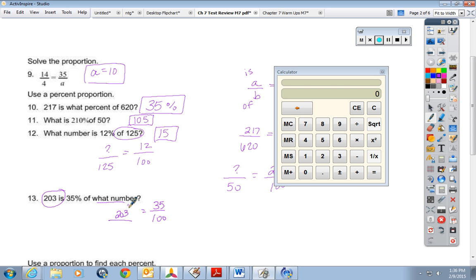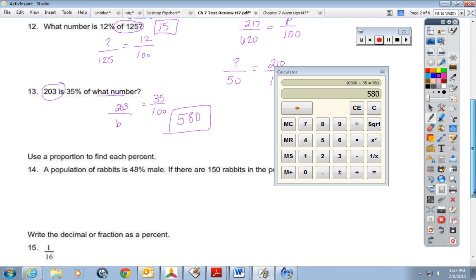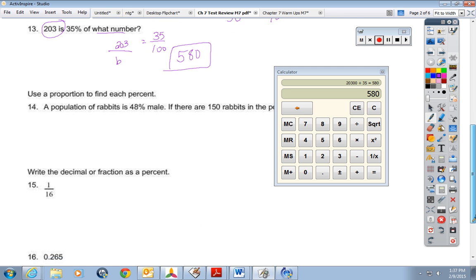So cross multiply 203 times 100, and we get that, and then we divide by 35. So is our answer a percent or is it a number? It's a number, and it's 580. Plus it just says what number. Right. So that helps.